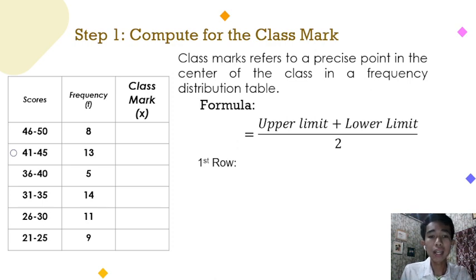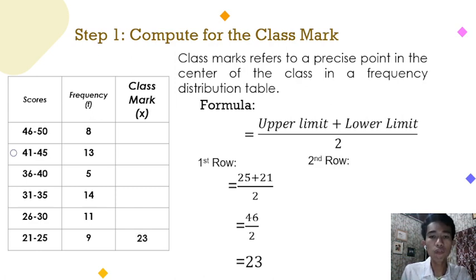In computing the class mark for the first row, we must add the scores of 25, which is the upper limit, and 21, which is our lower limit, and divide it by 2. So 25 plus 21 is equal to 46, divided by 2 is equal to 23. So our class mark for the first row is 23.